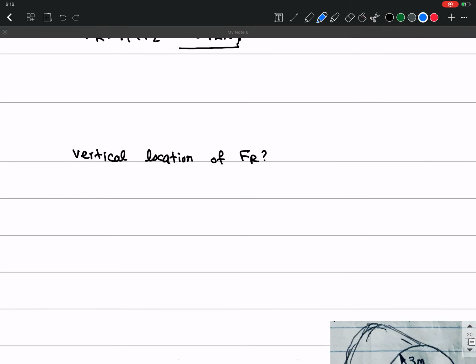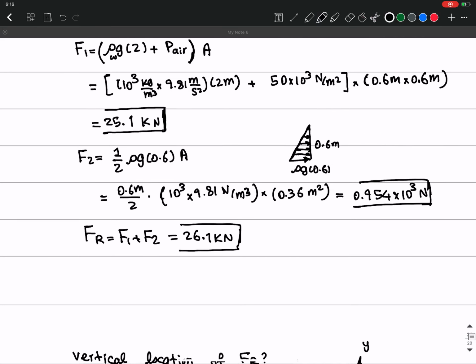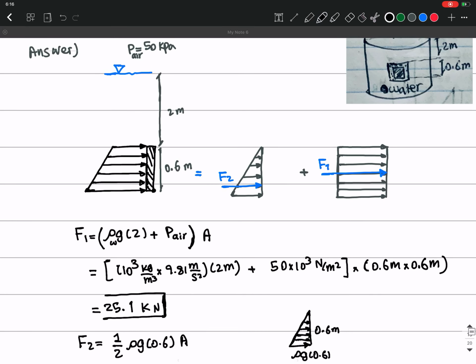In order to find it, I can use this technique again for calculating the moment. So if we have y here, vertical direction, say from the bottom, from here, if this is O, you can determine it yourself.